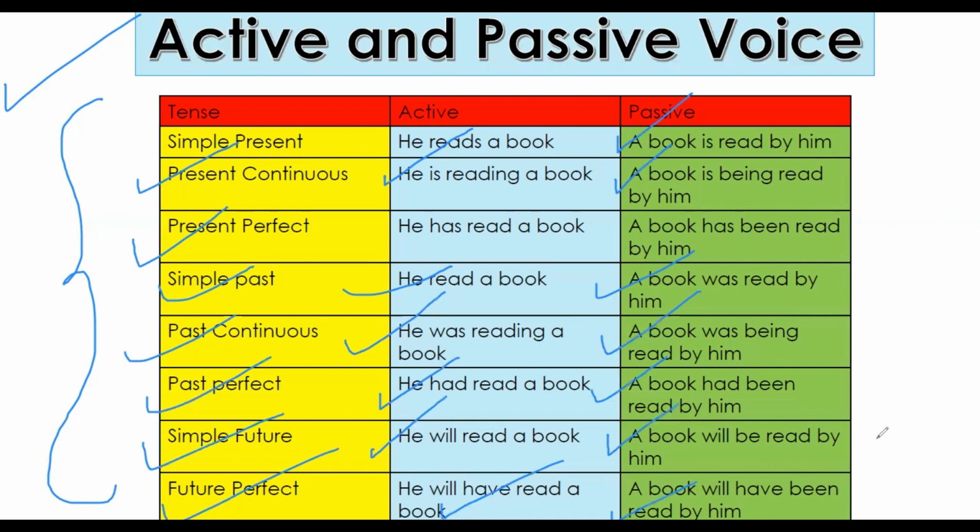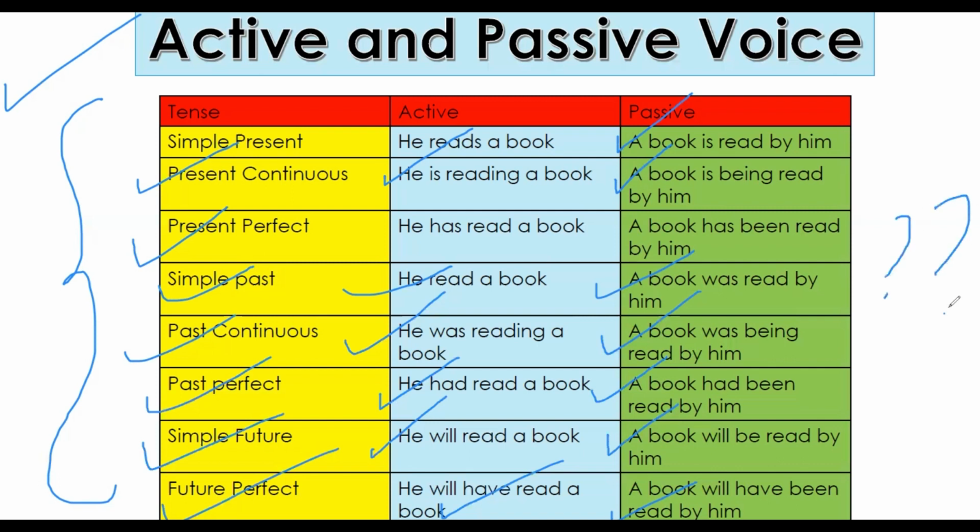So that brings us to the tense structure and the table that you have to learn if you want to master active and passive voice. And some of you may be wondering why I haven't mentioned present perfect continuous, past perfect continuous, future perfect continuous, and future continuous, right?